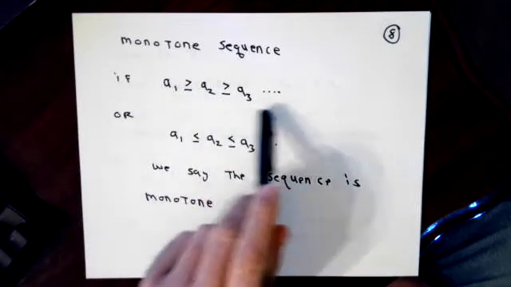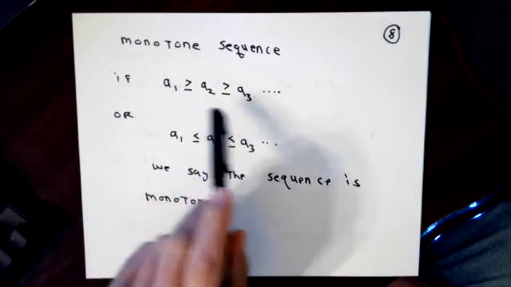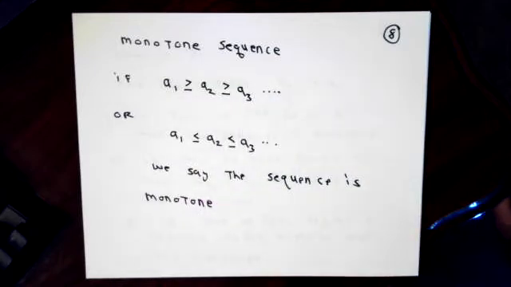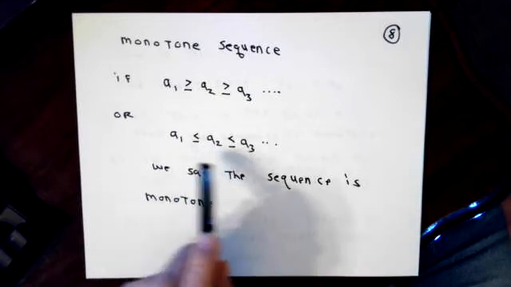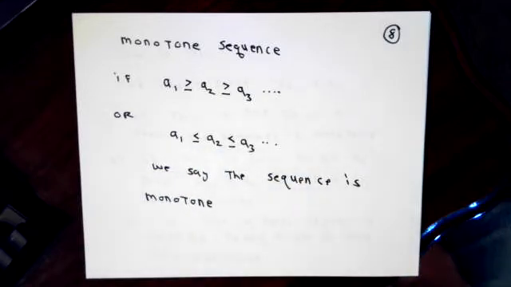In this first case, as I increase the index, the A numbers either stay the same or get smaller. In this one, as I increase the index, the A numbers either stay the same or get bigger.